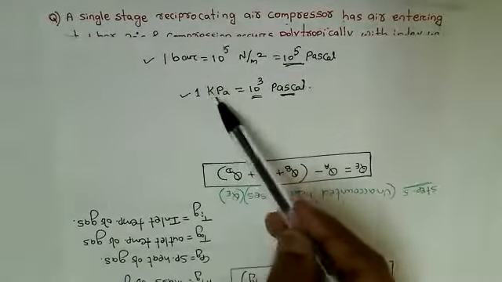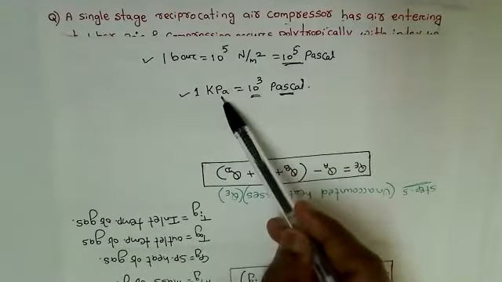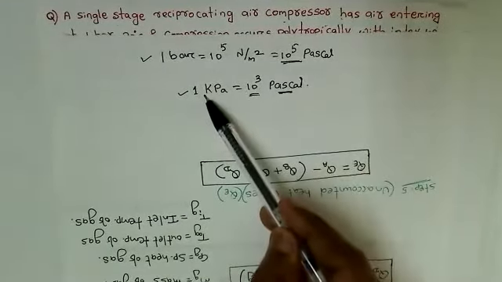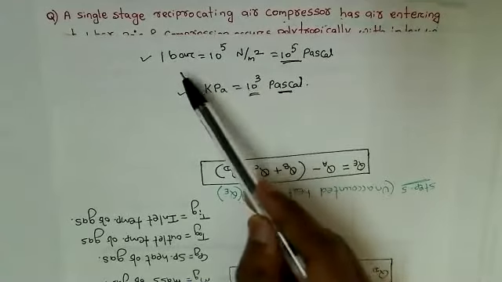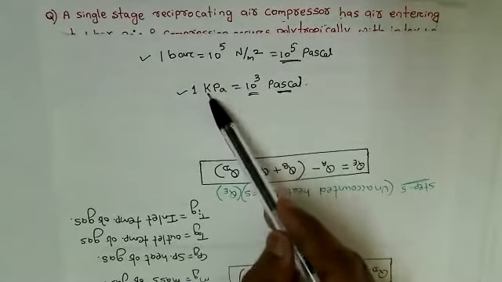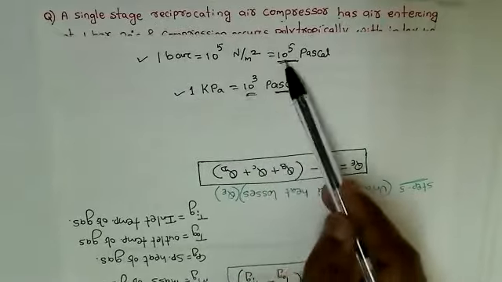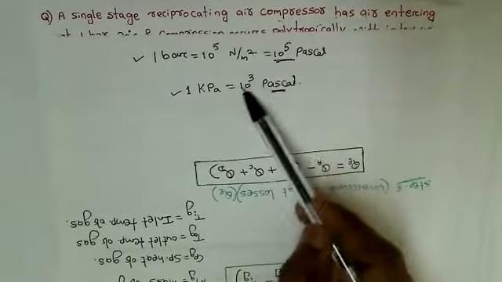So what is the difference between 1 bar and 1 kilopascal? It is 100, because 1 bar is 10 to the power 5 and 1 kilopascal is 10 to the power 3. So the difference between 1 bar and 1 kilopascal is 10 to the power 2.